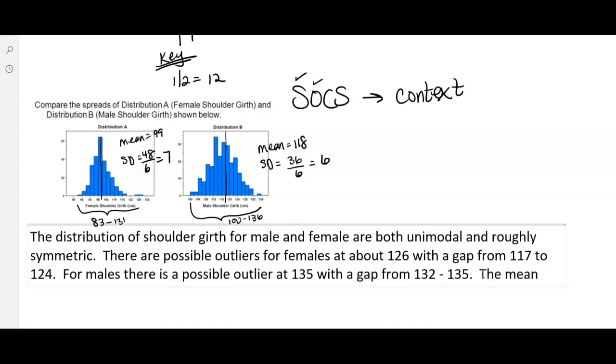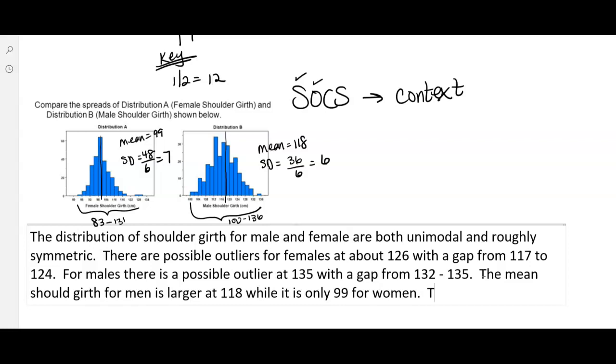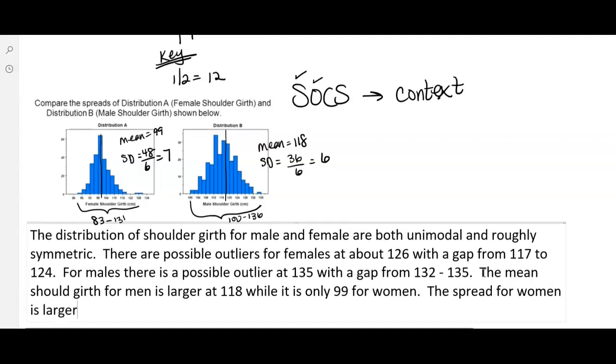The mean shoulder girth for men is larger at 118, while it is only 99 for women. The spread for women is larger at 7 than for men at 6.